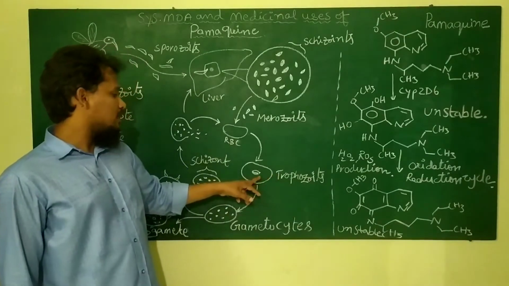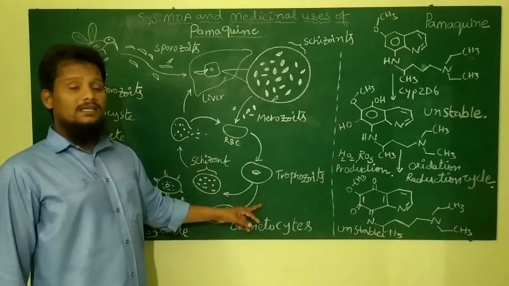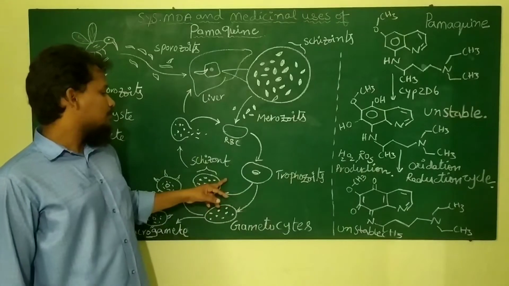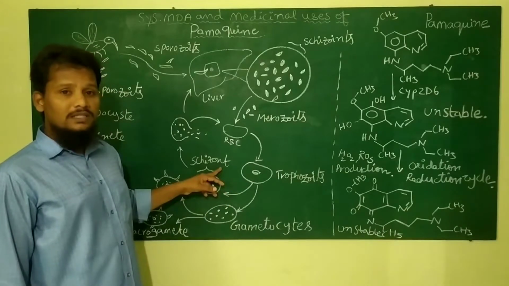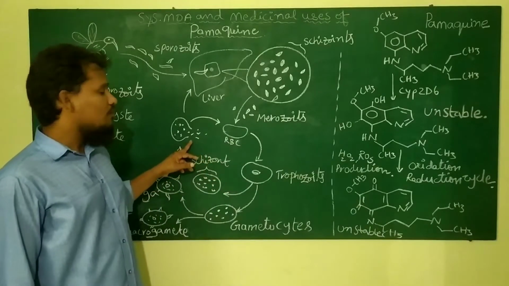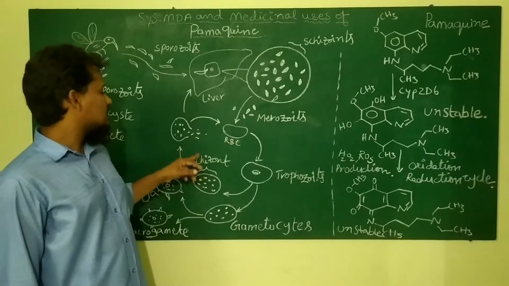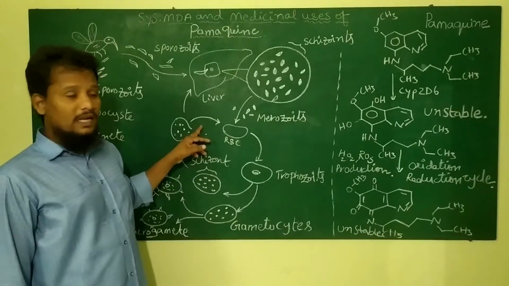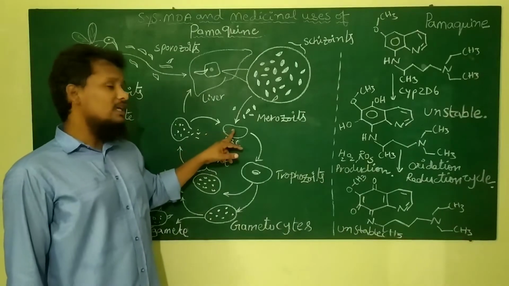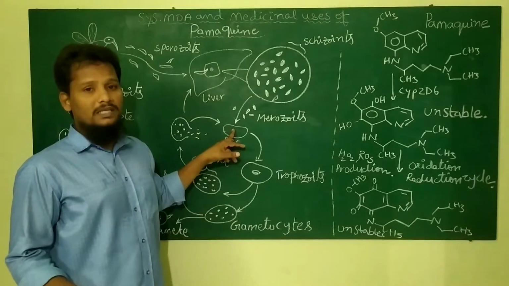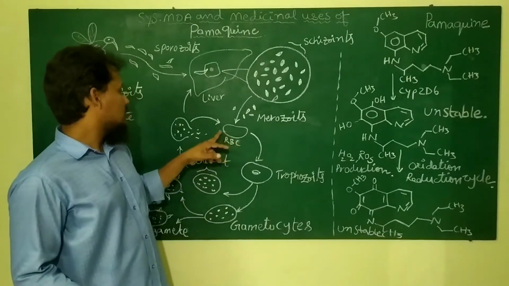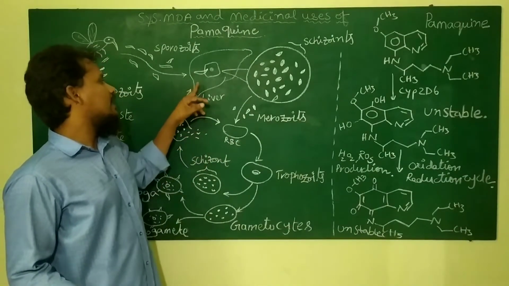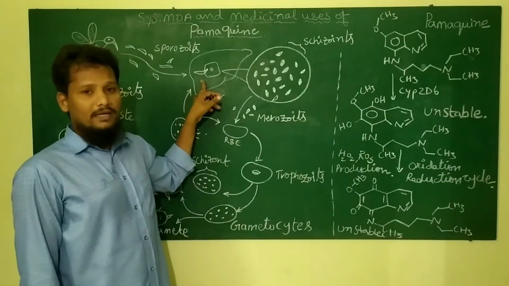In the trophozoites, there are two different cycles. The first one is the production of schizonts, and then the rupture of RBCs releases the schizonts. The released schizonts again infect a new RBC, as well as infect the liver again.